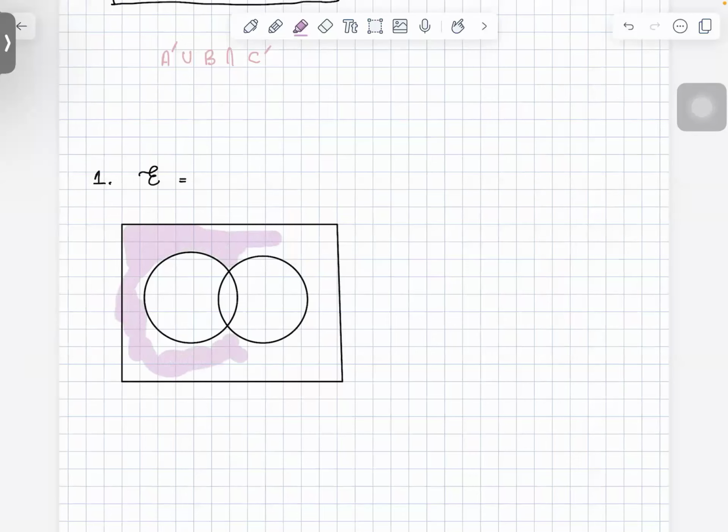What if this universal set is shaded? Or A union B not intersect. I mean intersection. I mean like the complement. Yeah. So A union B complement. This? Yeah, that's correct.